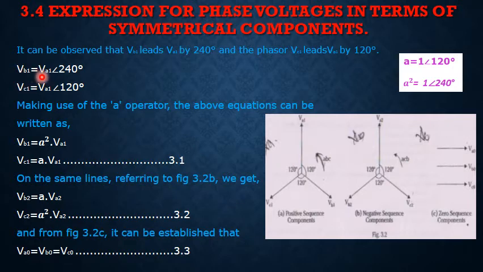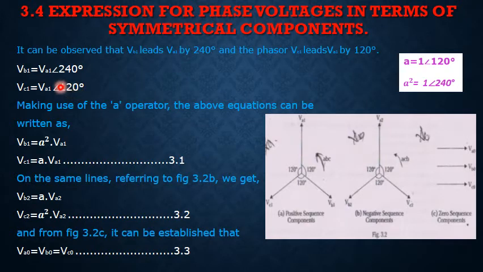According to that, these two equations further reduce as follows. VB1 equals VA1 at an angle of 240 degrees. An angle of 240 degrees with magnitude 1 represents a square, so instead of writing the angle of 240 degrees, we write a square, and a square times VA1 gives VB1 equal to a square VA1.